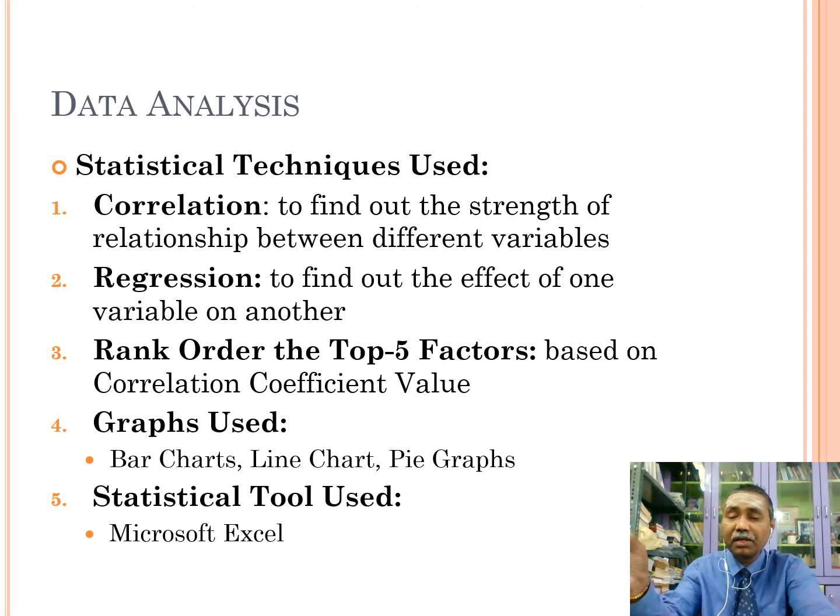If the p-value is less than 0.05, it is proved that that variable is having an effect on the GDP. Then, based on correlation coefficient value, I considered the top 5 variables having maximum correlation coefficient value with GDP, right? So I arranged them in decreasing order of correlation coefficient value, which gives me the top 5 factors contributing to Indian GDP, right?